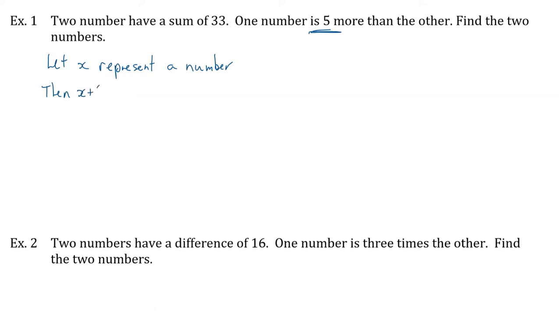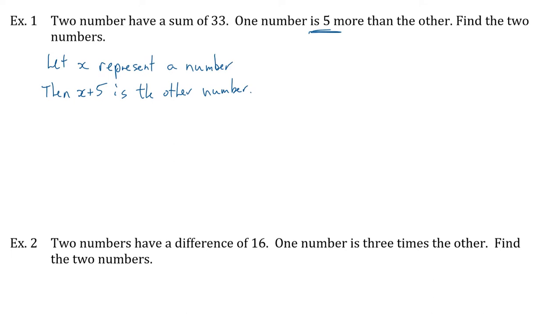So x plus 5 is the other number. Think about it. We don't know what the two numbers are. Could you just figure out what two numbers add to 33 where one is 5 more than the other? Yeah, you could figure that out. What would you start at? Around 13, 14, 15, and just kind of start adding them together and figure it out, right? You could do that.